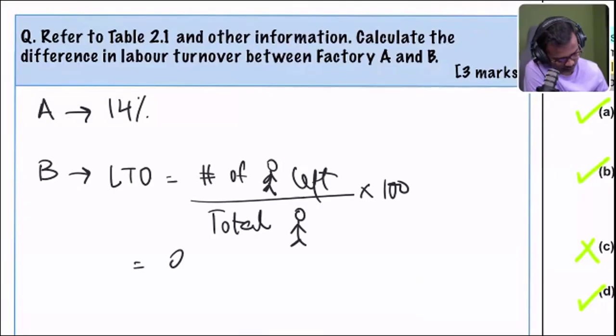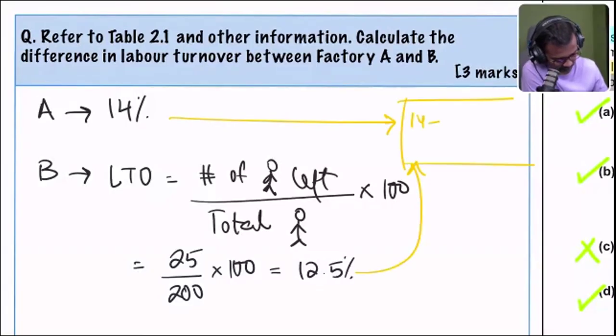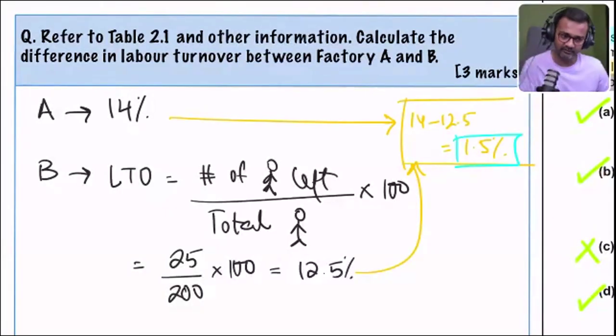So this was 25 over 200 into 100. I think the number was 12.5. Yeah, thank you. 12.5%. Okay. Now, if you just calculate this, you'll only get 2 marks. So what you need to do now to get full marks is to find the difference, which is basically done here, 14 minus 12.5, which is 1.5% is the difference between factory A and factory B.